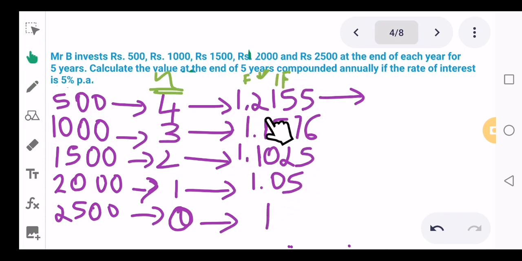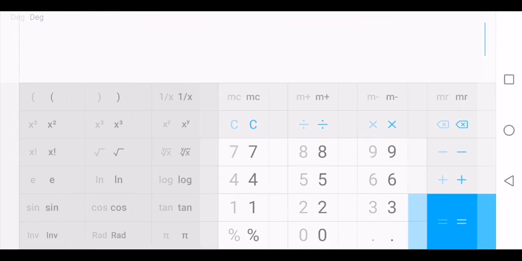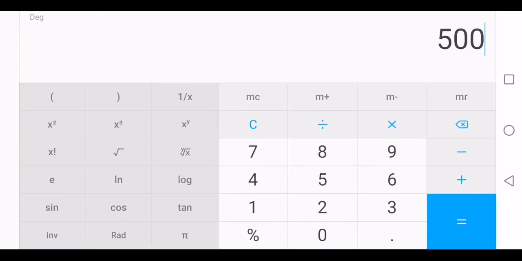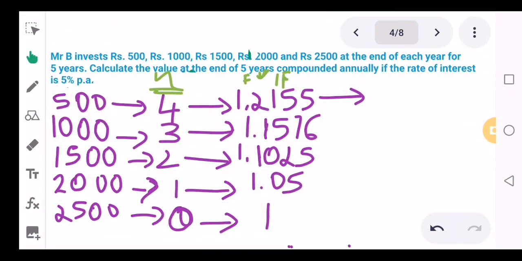Now let's calculate it. 500 into 1.2155 is equal to 607.75.